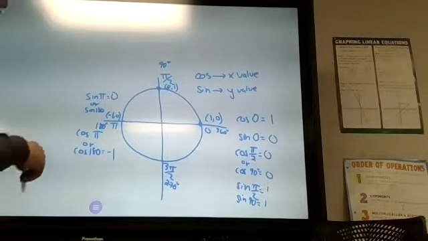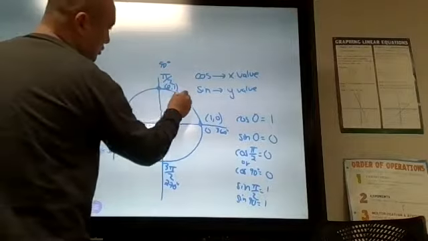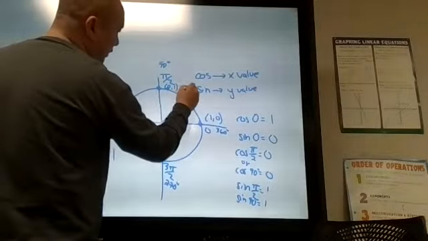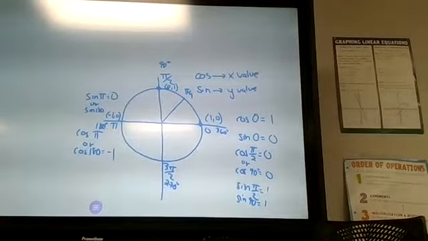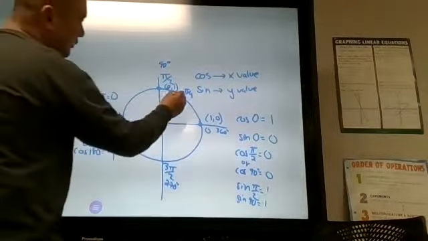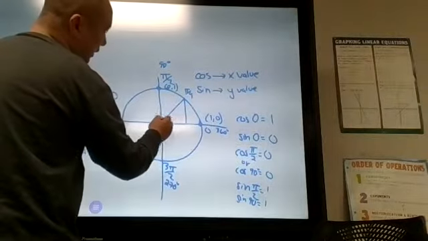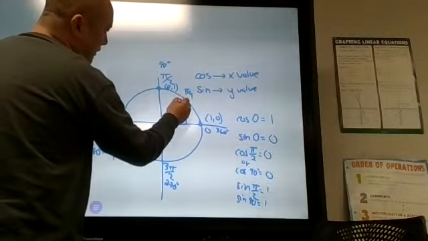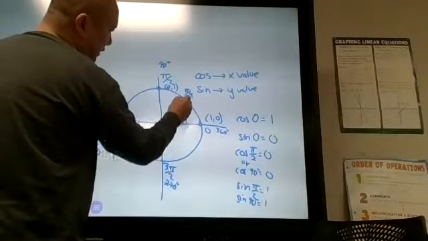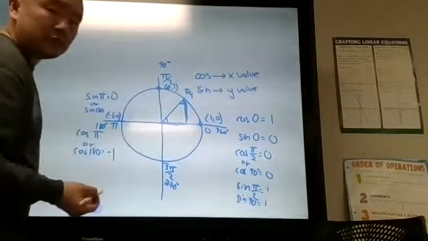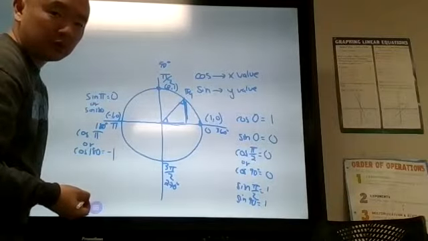All right, now let's go to pi over 4. And remember I did the 30, 60, 90 and the 45, 45, 90 degree triangle. So here we have a triangle right here. And pi over 4, that means that this angle and this angle are equal to each other. It means that this side and this side are equal to each other, which means then the sine and the cosine are also equal to each other.